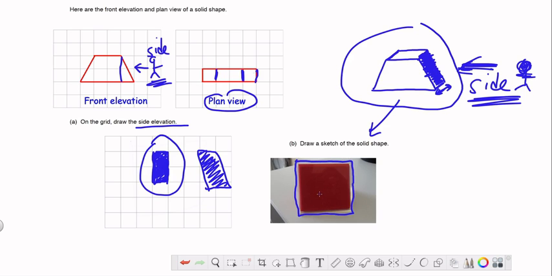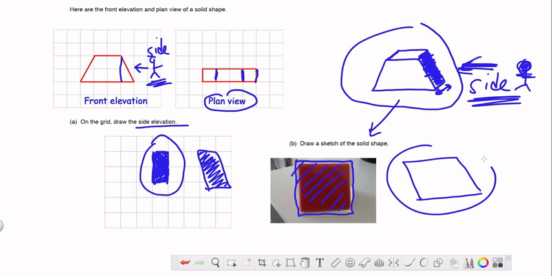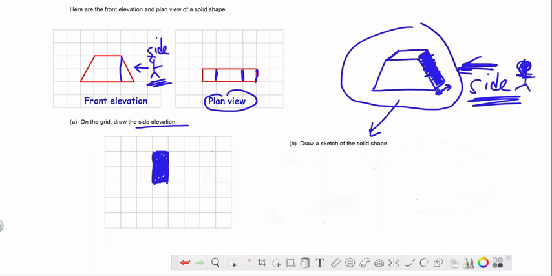Well, it is a rectangle, isn't it? Clearly it's not slanted. From the front it's slanted, but from the side view, the person standing on the side would have seen a rectangle. But from the front, it would have looked slanted like that. This is the correct answer.